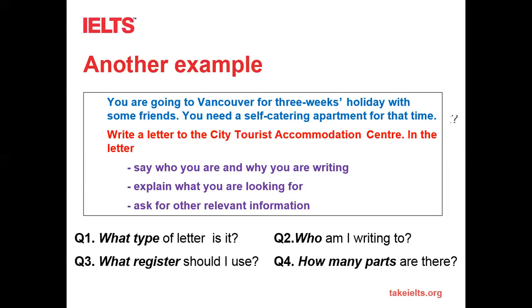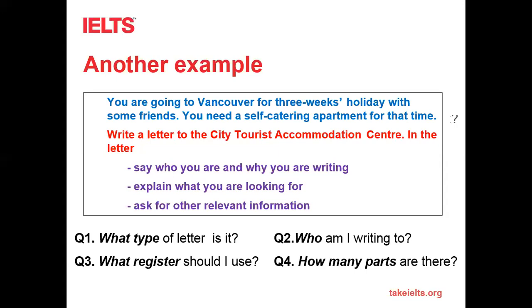This one's quite tricky. What other relevant information do you think you could ask for in your letter? The price, very good. Check-in time, good. Wi-Fi, very good. The area, yes, possibly asking if it's close to the city centre or places of interest.